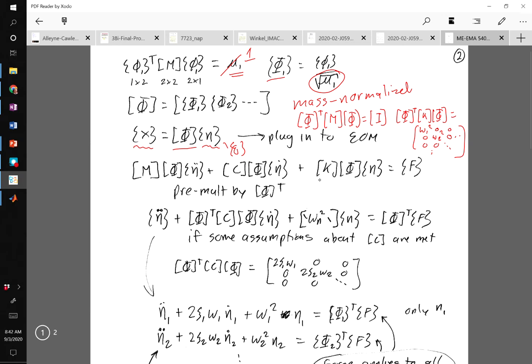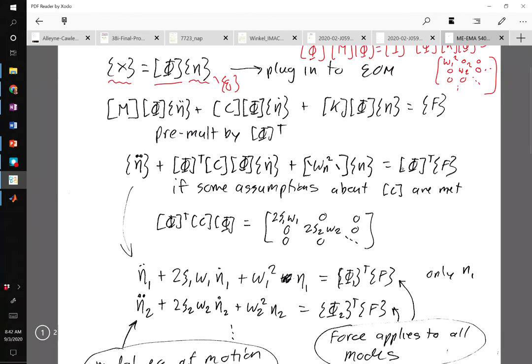So anyway, we get this equation, which initially doesn't really seem to have helped us very much. But if we multiply this whole equation by phi transpose, so each of these will have a phi transpose in it, now you can see that we start to get some simplification, right? Because we just said that this one is an identity matrix. This one is this matrix of natural frequencies squared. So our equation of motion becomes this.